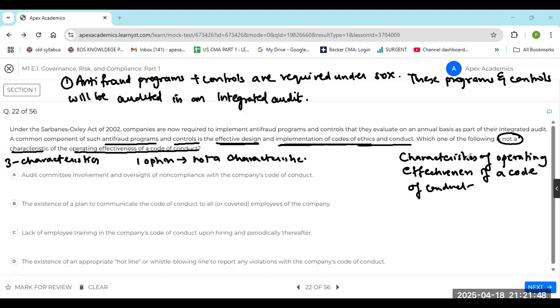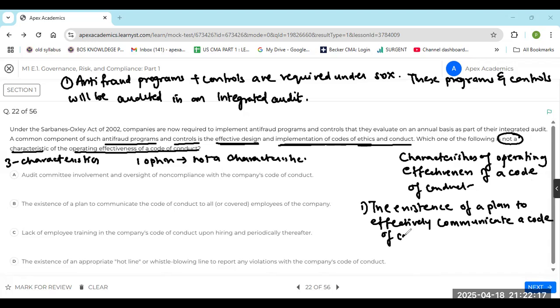Sir, the first most important point is the existence of a plan to effectively communicate a code of conduct to all employees. To whom? To all employees. Sir, what is the meaning of this?